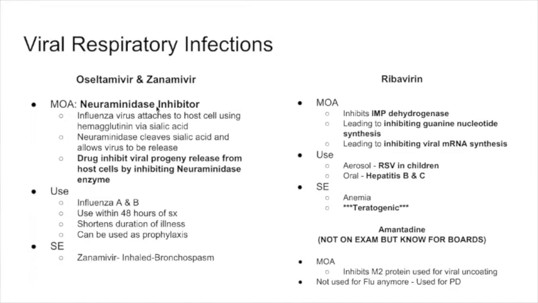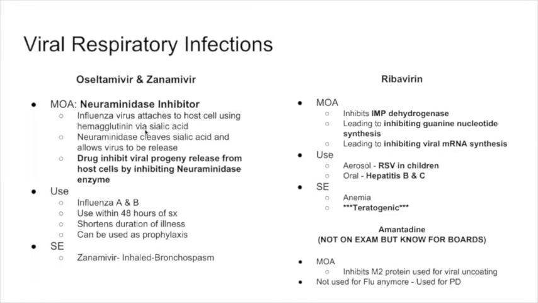And Tamiflu is kind of a cool drug because its mechanism of action is actually pretty unique. So we know that the influenza virus attaches itself to the host cell using hemagglutinin via sialic acid.